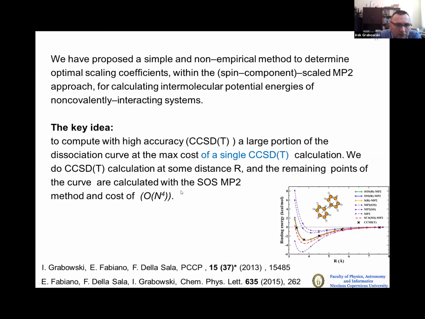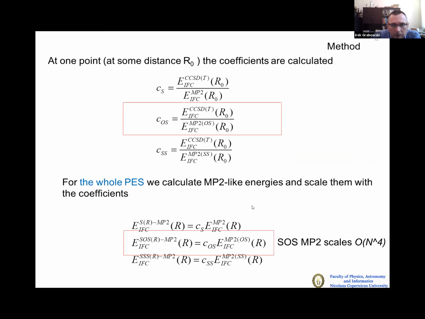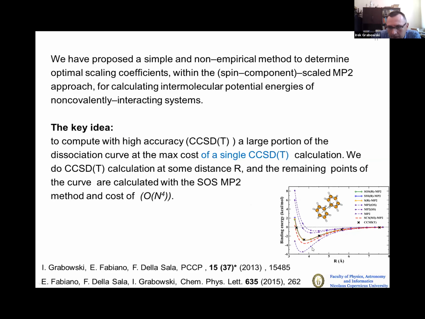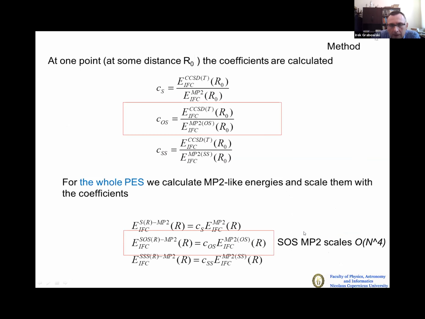So the idea was very simple. At some point, when we want to calculate the curve, we fix the coefficient to obtain results of the quality of CCSD(T).